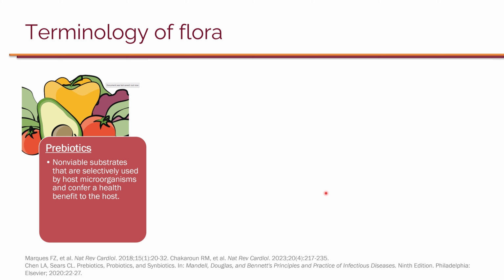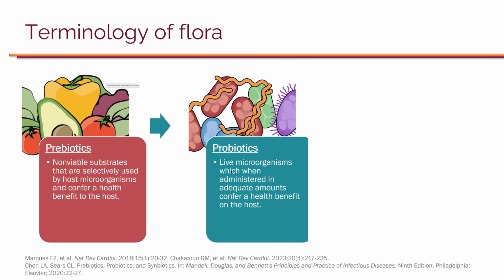Now, it's important to understand the concept of prebiotics, probiotics, and postbiotics. So prebiotics comes before the probiotics. Prebiotics is essentially the food for probiotics. So this is the food for bacteria that are part of the flora. And for the most part, this is essentially fiber, but also could include other substances that are used by the bacteria. And probiotics, of course, are the live microorganisms which, when administered in adequate amounts, confer a health benefit on the host.